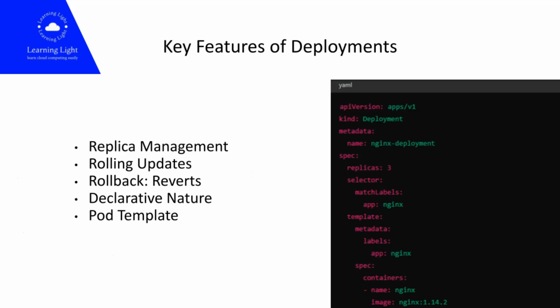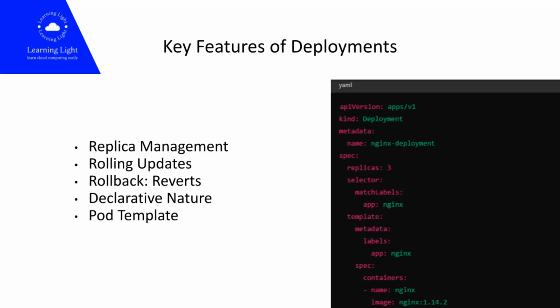Now, there are a couple of key features of deployments. Replica management ensures that a specified number of pod replicas are running at any given point of time. Rolling updates gradually replace old versions of pods with new ones to avoid downtime. We can have different versions of our services and easily deploy and update them in a matter of seconds without any downtime.